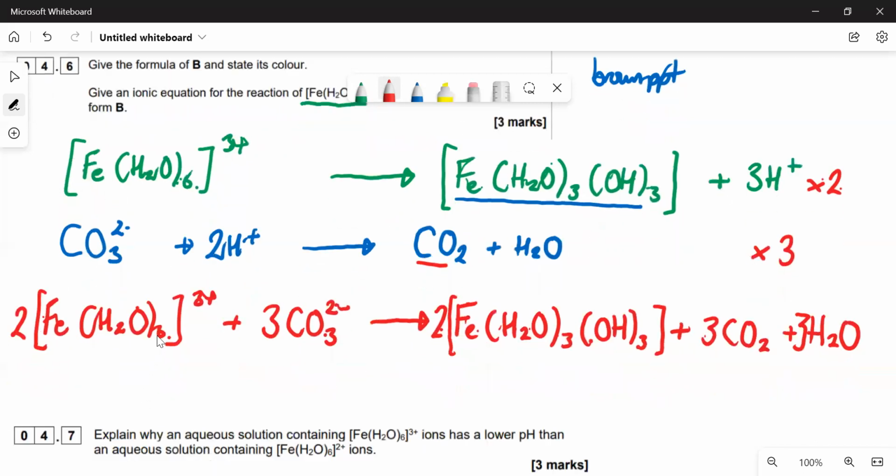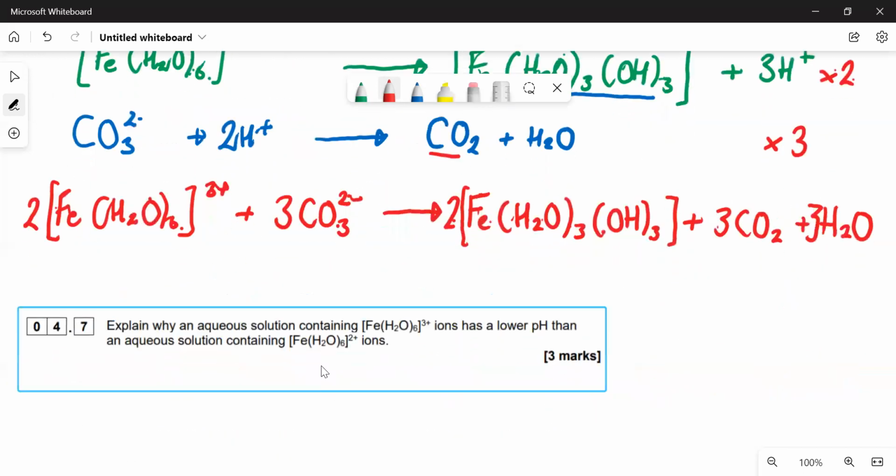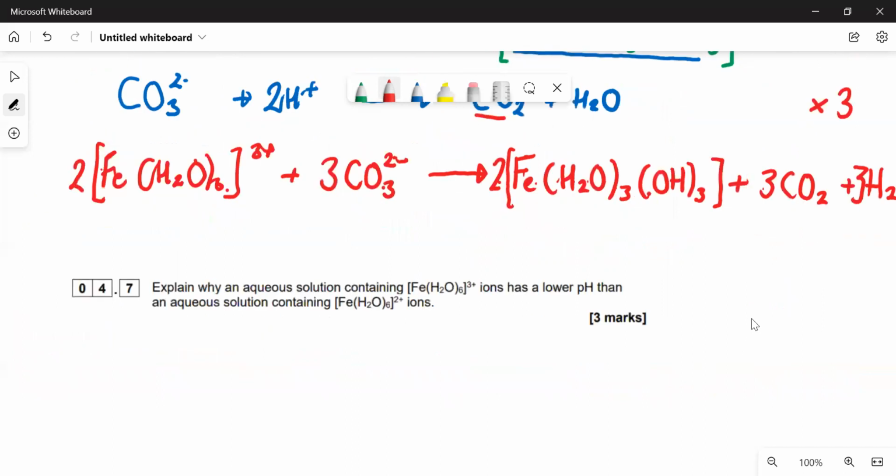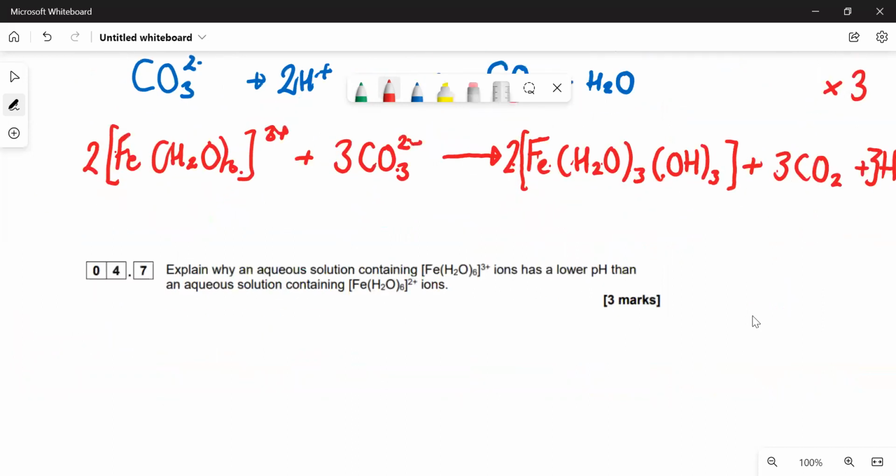Right. Now, explain why aqueous solutions of the 3+ ion have a lower pH than the 2+. Well, of course, each central ion, I wouldn't write this in your answer, this is just to explain, is forming dative bonds with these water molecules.